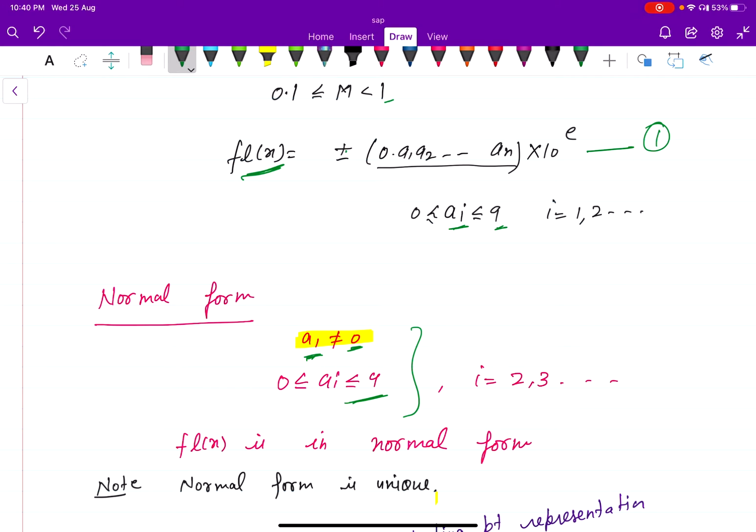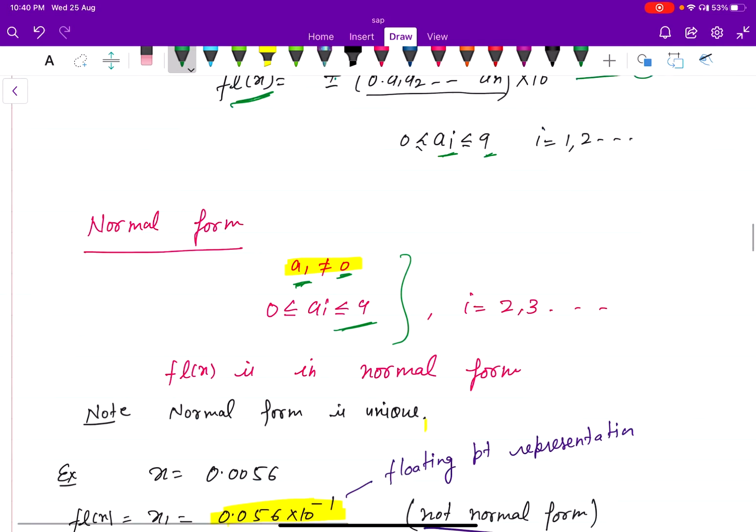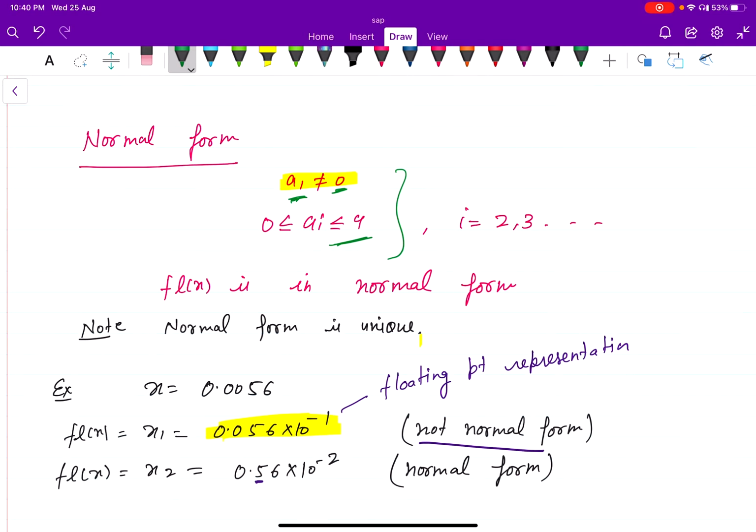As we can understand with the help of an example, there are infinitely many floating point representations of a number, but normal form is unique. Suppose x equals 0.0056. This number can be written as 0.056 into 10 to the power minus 1.